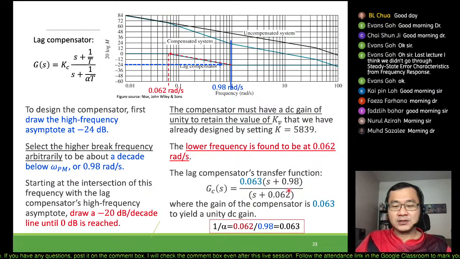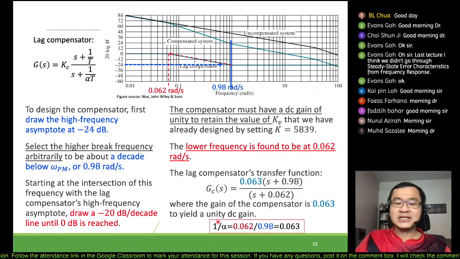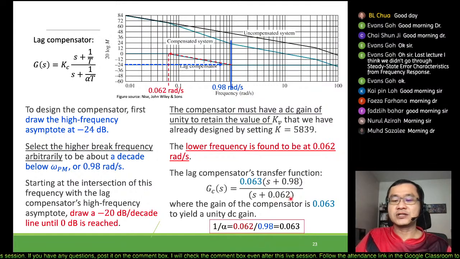This 0.98, the one decade below, refers to this value, and the lower one, 0.062, would be this value. So meaning we have 1 over T equals 0.98, and 1 over T multiplied by 1 over alpha gives us 0.062.